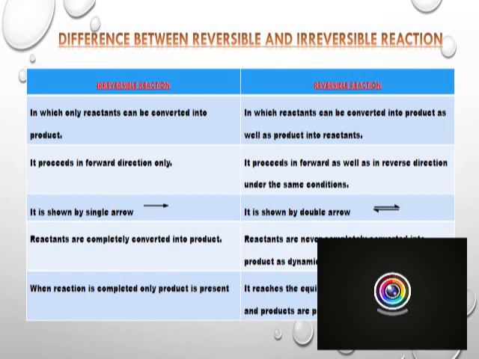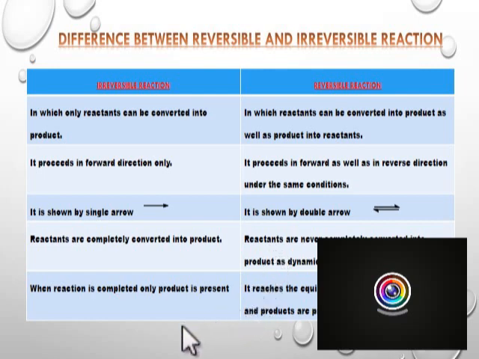An irreversible reaction proceeds in only one direction, while a reversible reaction proceeds forward as well as backward, so it moves in both directions. The irreversible or forward reaction is represented by a complete arrow, while reversible reactions are shown by two half arrows. In irreversible reactions, reactants are completely converted into products, while in reversible reactions, reactants are not completely converted into products. Those products are again making the reactants.